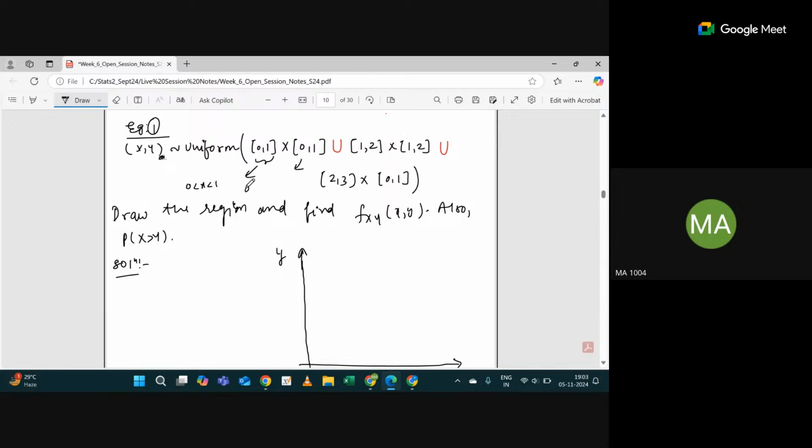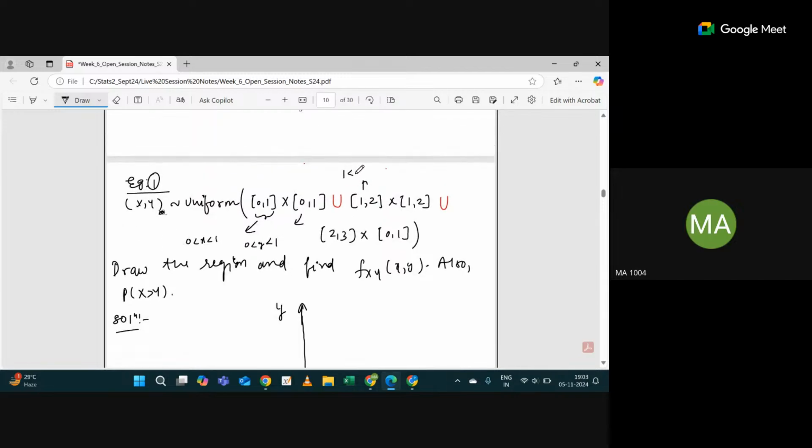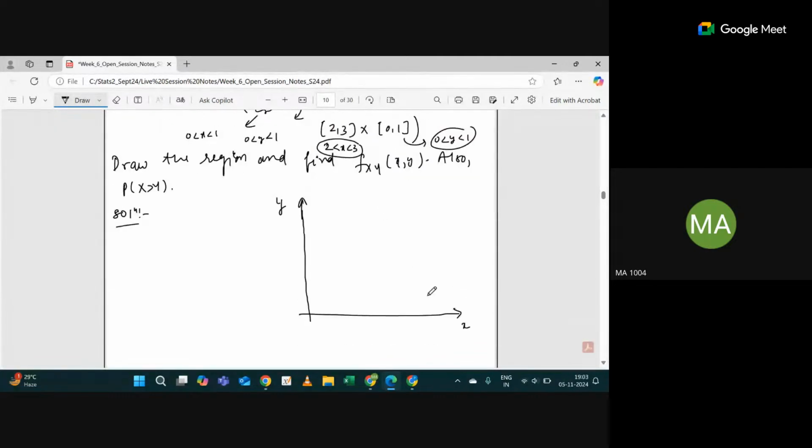This (0,1) means y is between 0 and 1. This (1,2) means x is between 1 and 2, y is between 1 and 2. And this (2,3) means x is between 2 and 3, and y is between 0 and 1. Is the interpretation of this part clear? The maximum limit is 3.